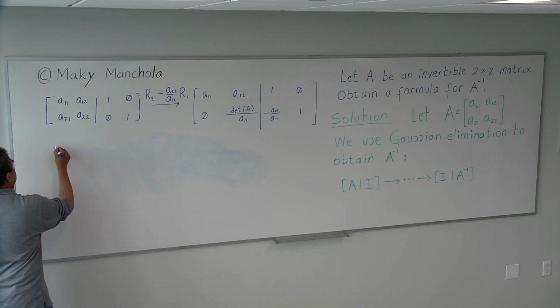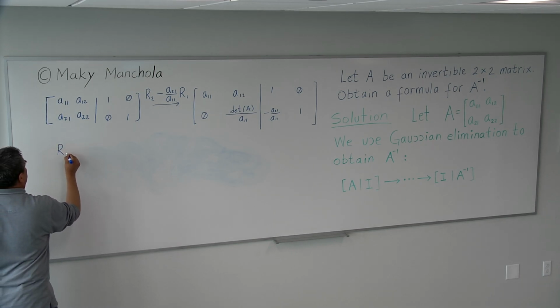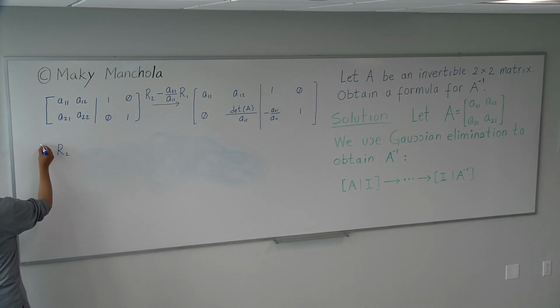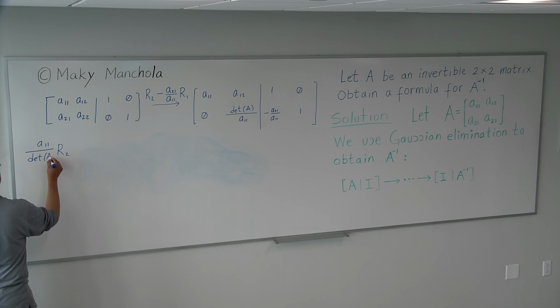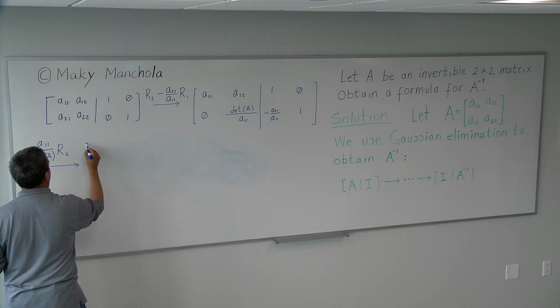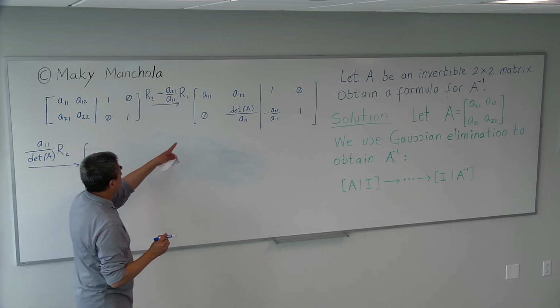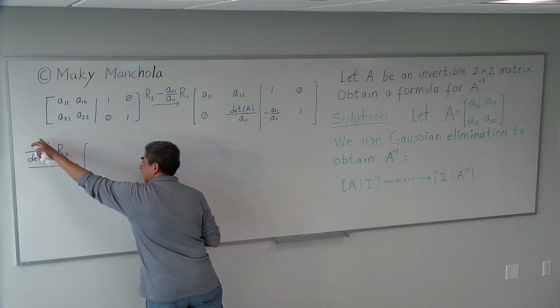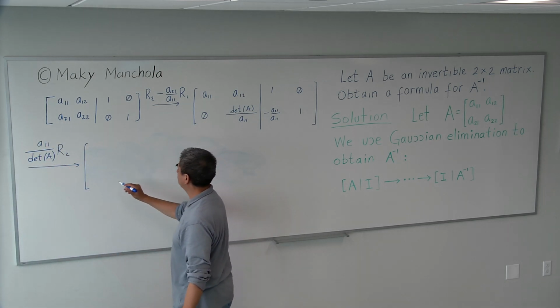Row 2 will be multiplied by A11 over the determinant of A. So 0 times anything is 0.